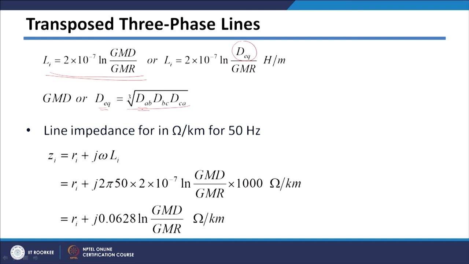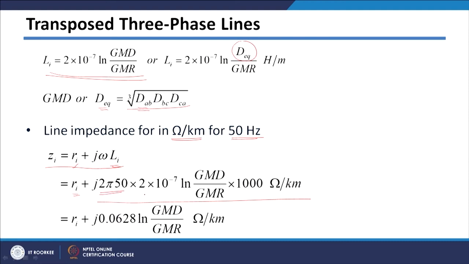In that case, line impedance for 1 kilometer in ohms at 50 hertz can be calculated like this. So, total impedance will be resistance plus j omega into inductance. Resistance we can get from the data sheets, and inductance can be calculated from this part, or reactance can be calculated from this part.